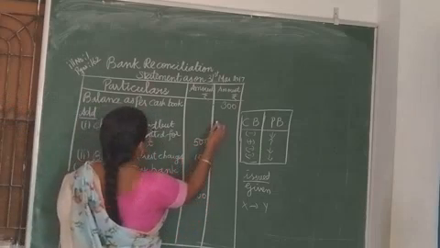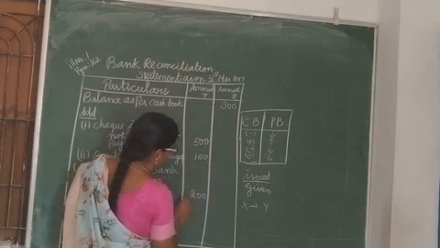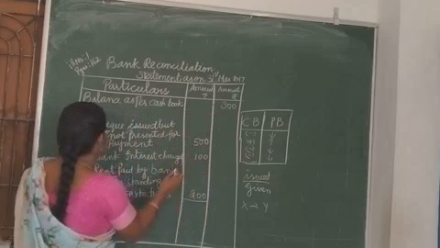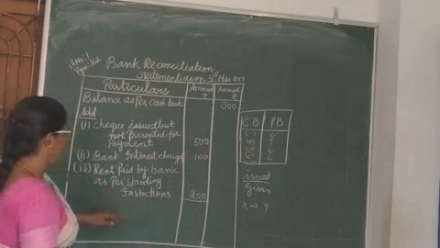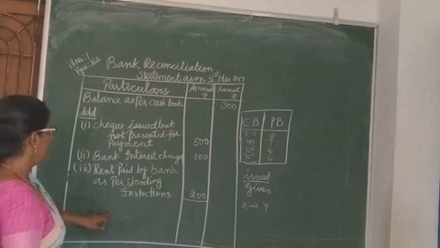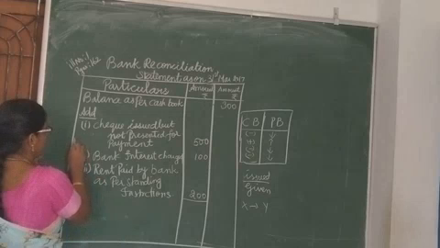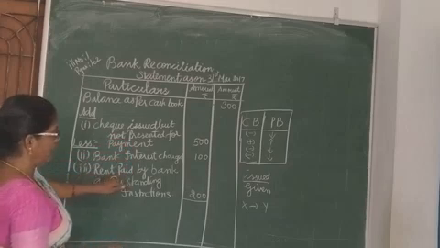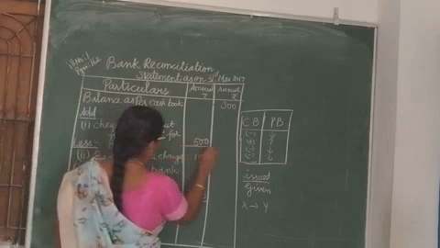So what is the total? See, total all the transactions. What are all the add items? We have add, isn't it? Less means here you can write less. You have to differentiate. We are going to add, isn't it?